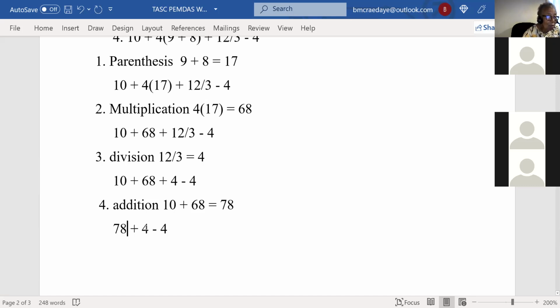Although, you know, to make your work simple, plus 4 and minus 4 is 0, right? And 78 and 0 is 78. And you'll get the same thing if you do what you said, Maureen. You said it's okay. So if you want to say addition, okay, which would be 78 plus 4 equals 82.